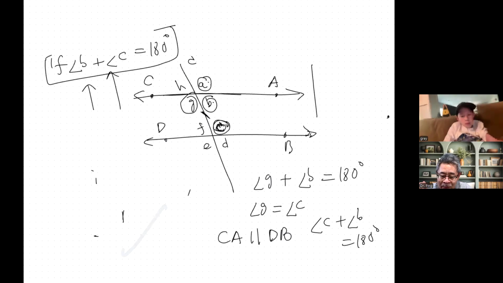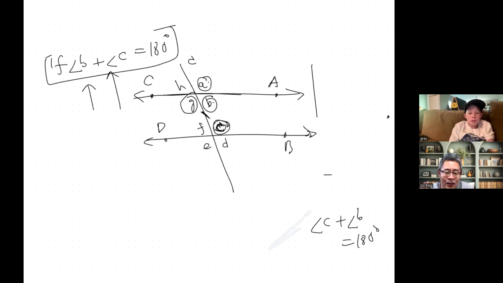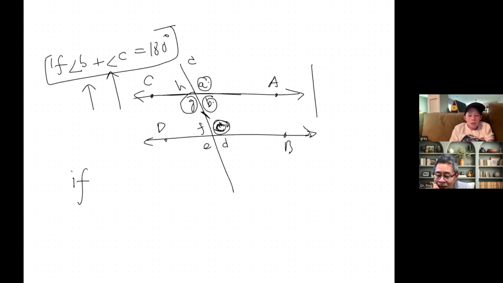And now we're going to look at what we call the inverse theorem, which says what happens if the lines are parallel. If CA is parallel to DB, then the corresponding angles are equal.